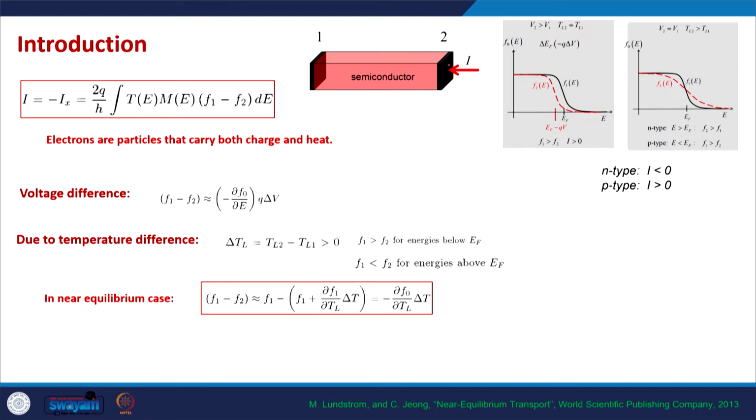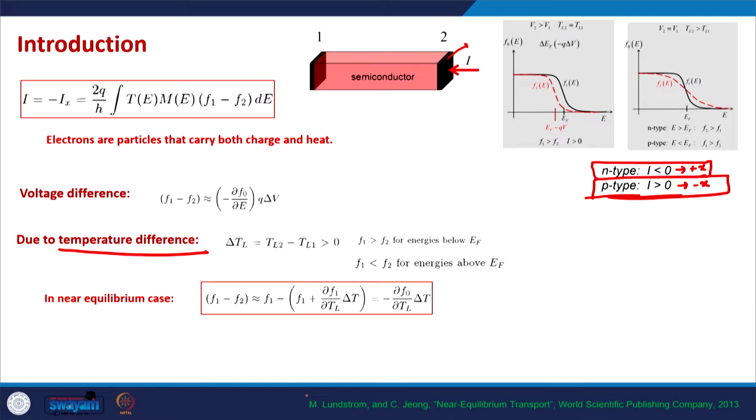Let us say we heat the semiconductor on contact 2, and if the current is in minus x direction, the semiconductor is p type, and if the current is in plus x direction, the semiconductor is n type. So we can find out about the nature of the doping in the semiconductor just by measuring the current due to temperature difference.